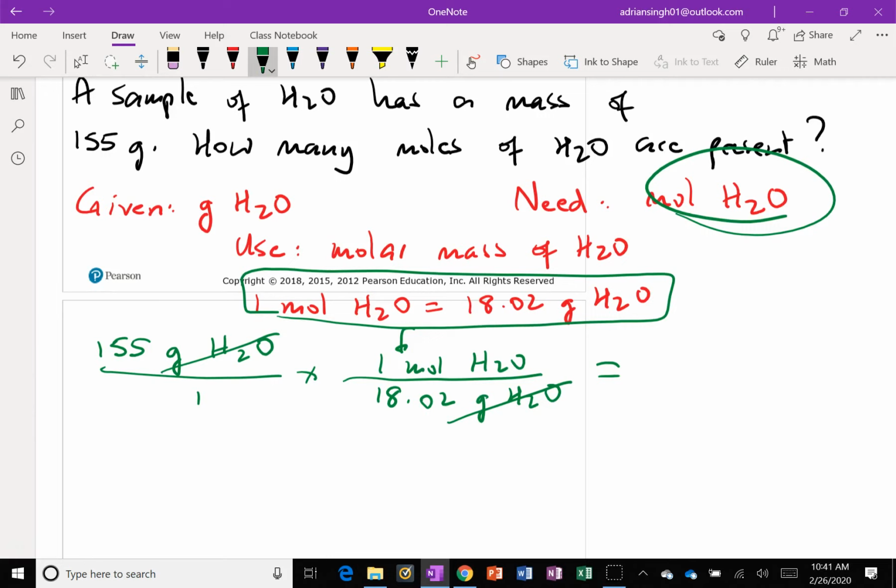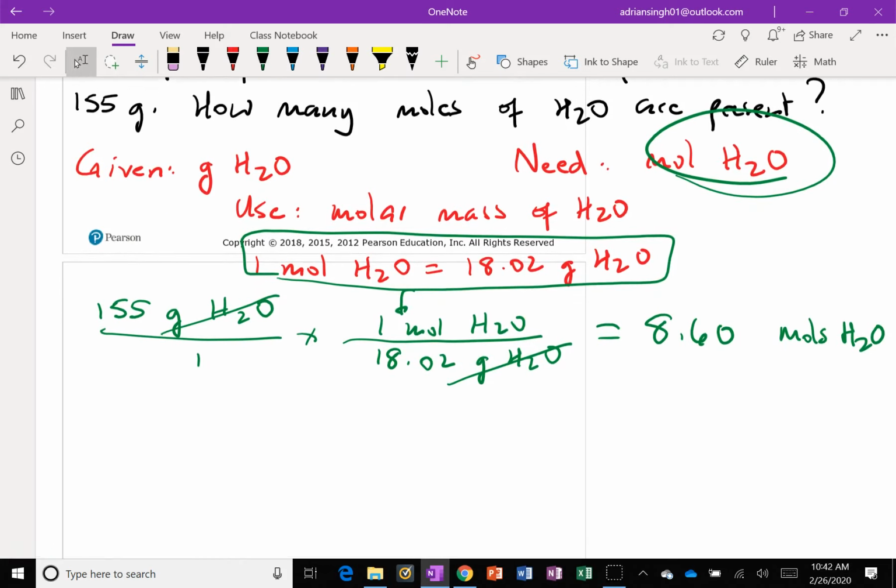So 155 divided by 18.02 would give... so how many sig figs in my answer should I have? 3, right? The original number 155. So 8.60. So 3 sig figs, moles of water in 155 grams.